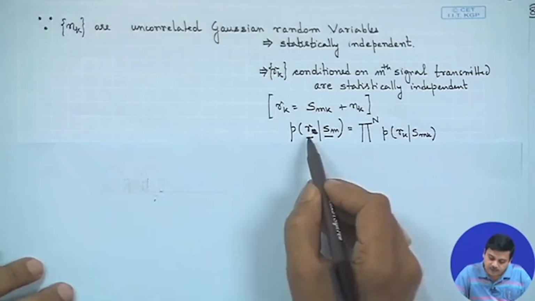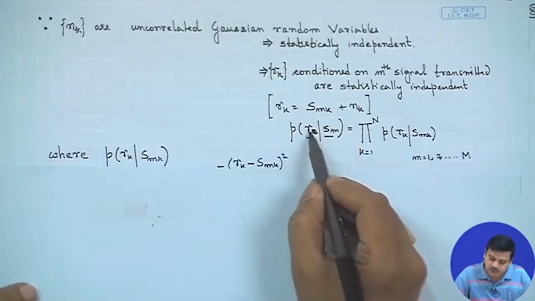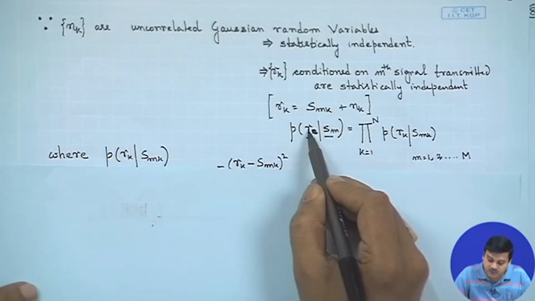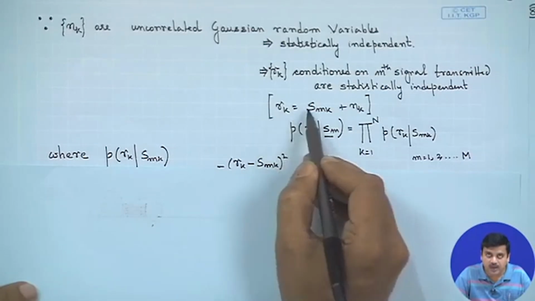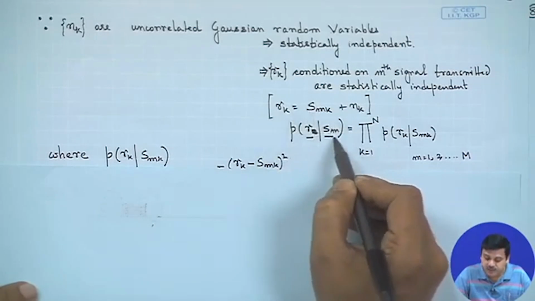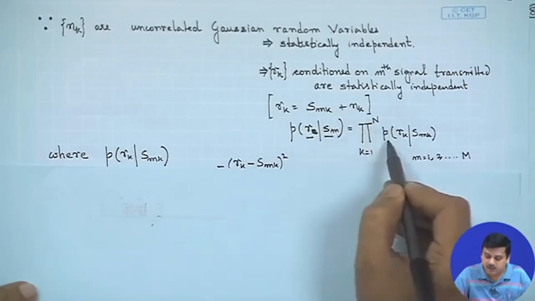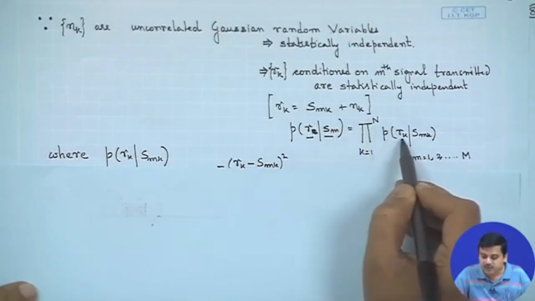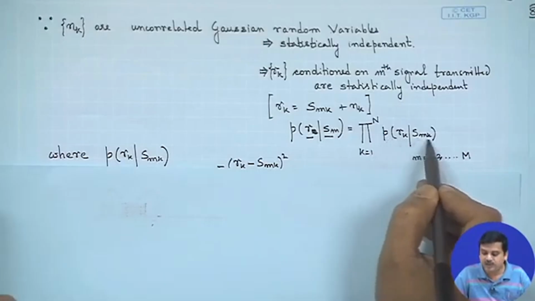And then we could write that the probability density function of the received signal vector R, which is made up of k components, k equals 1 to capital N, given a particular signal, is the product of the individual or the marginal densities P of R k, that means the kth component given S m.